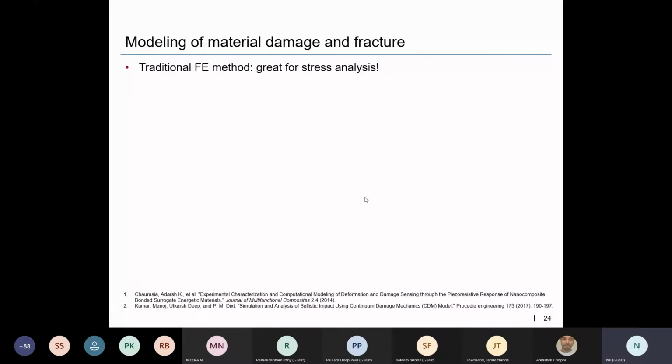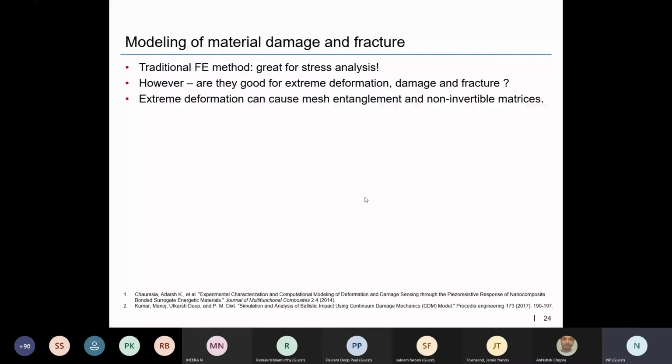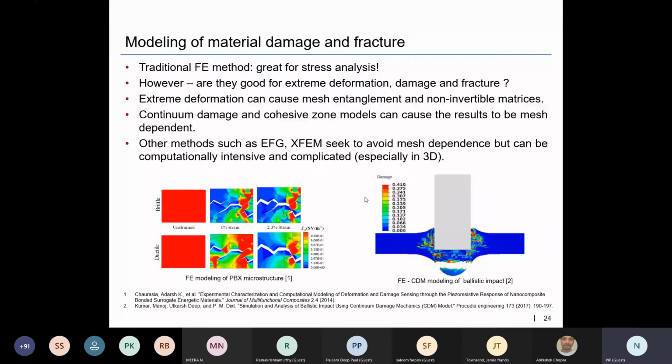Traditional finite element methods are great for stress analysis, but I'm not sure how good they are for modeling extreme deformation and damage and fracture of materials. Extreme deformation can cause mesh entanglement, can lead to non-invertible matrices. Some methods commonly employed are continuum damage and cohesive zone models, but they can cause results to be mesh dependent.